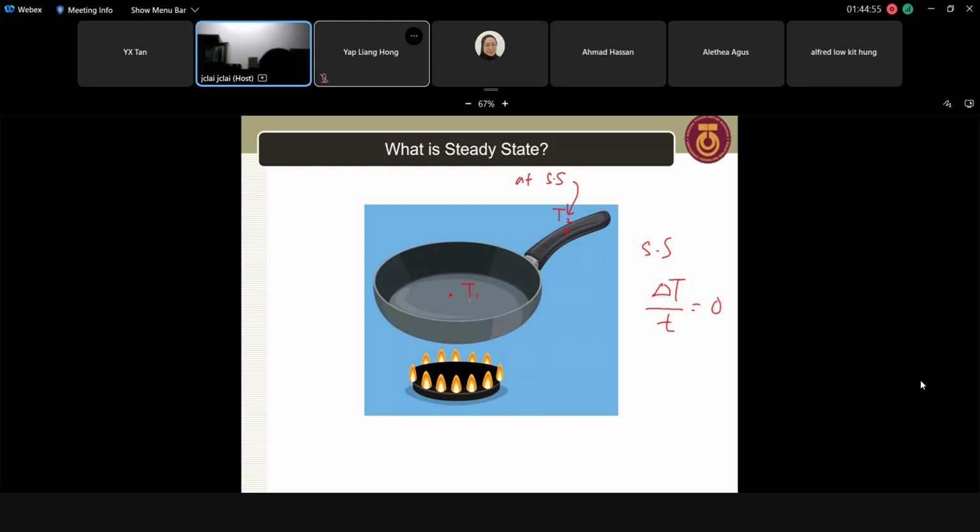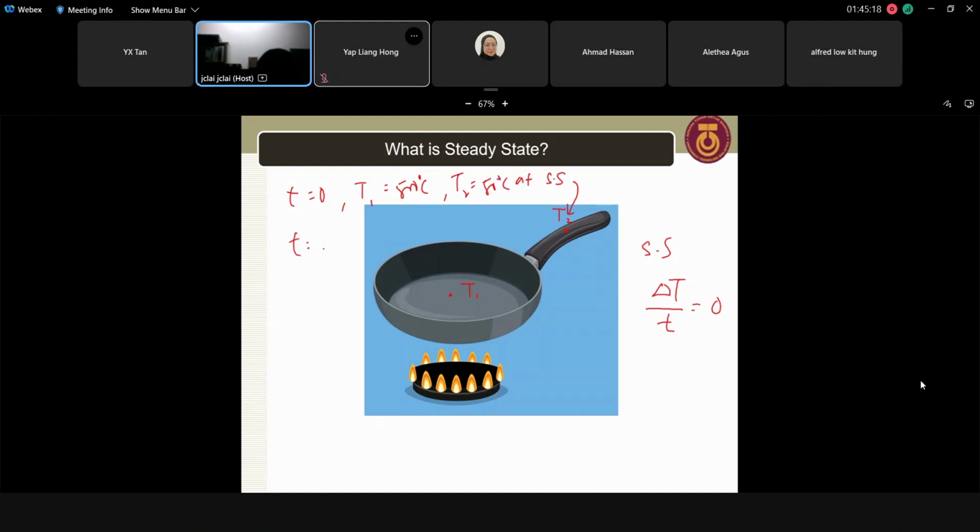Let's say this system is at steady state, and you record the temperature at t equals 0: T1 is, let's say, 500 degrees Celsius and T2 is 50 degrees Celsius.